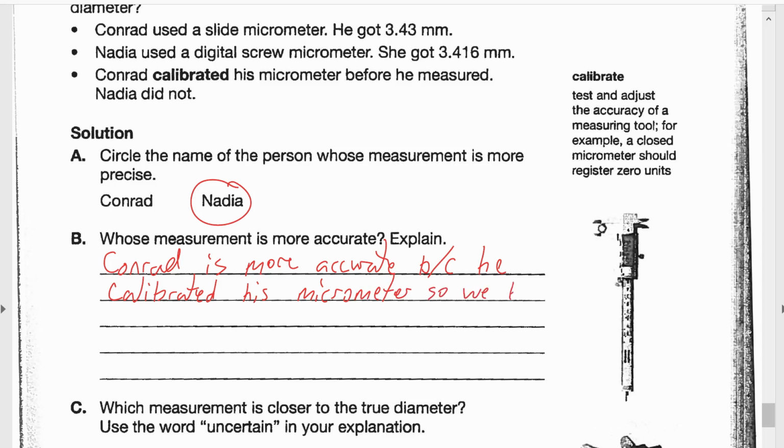So we know his measurements are correct.